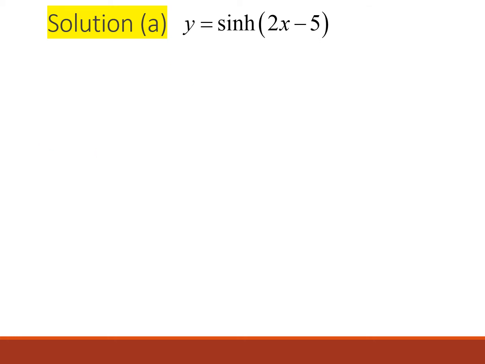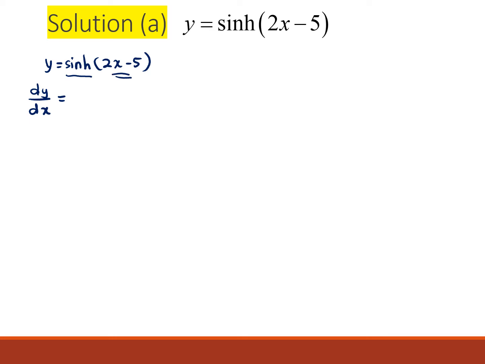Another method to solve this derivative is using the same concept as the chain rule, however we use it directly. Now we have y equals sine hyperbolic of 2x minus 5, and we want to find the derivative of y. First, we differentiate the outside function and keep the inside function.